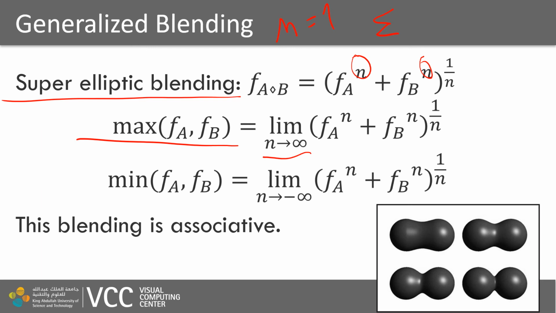So in case n is very high, imagine that you have the functional evaluation where this value, let's say fa, is bigger than fb. Then with n equals infinity, the fa will become a very large number, while fb will be smaller.